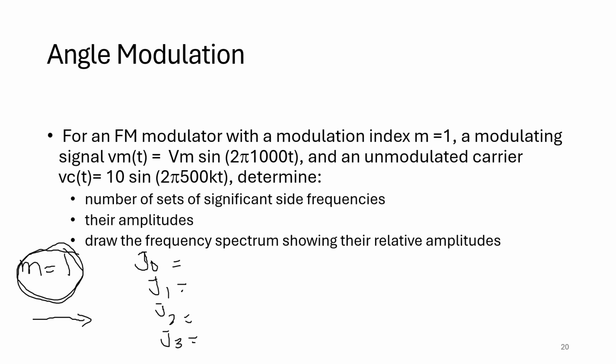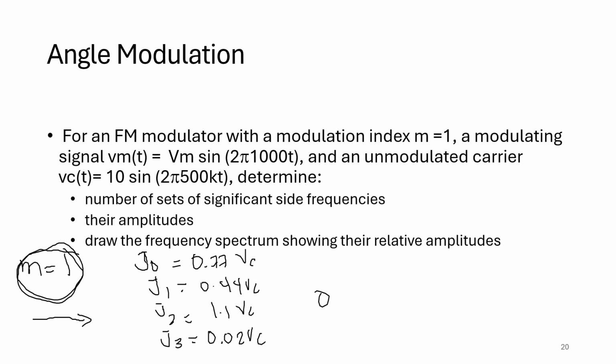For example, J0 is 0.77 VC, J1 is 0.44 VC, J2 is 0.11 VC, and lastly J3 is 0.02 VC. That means there is still J4, J5, J6.